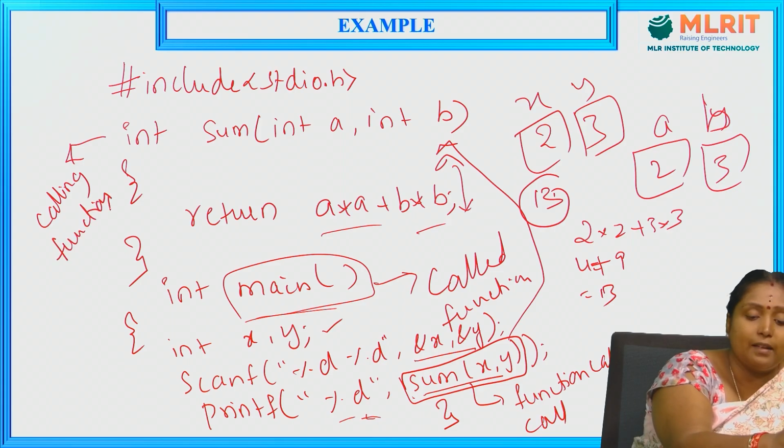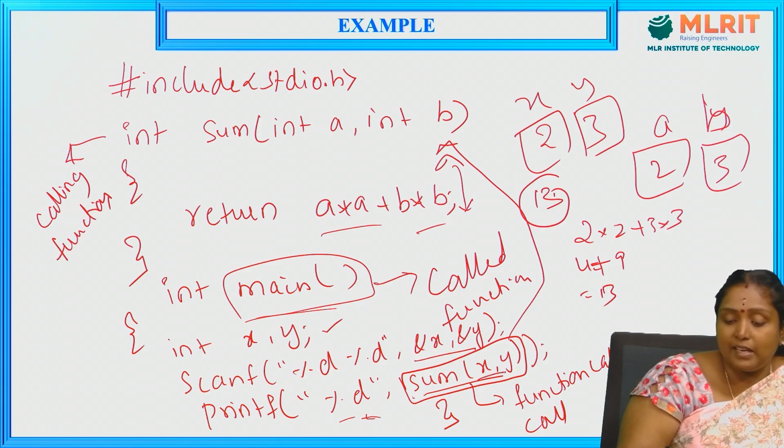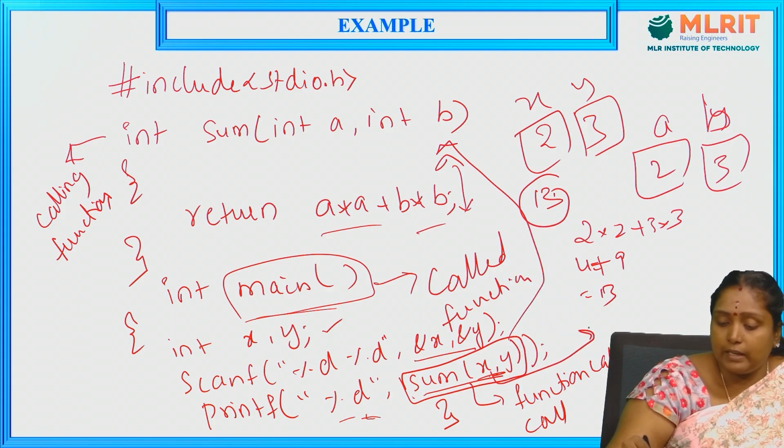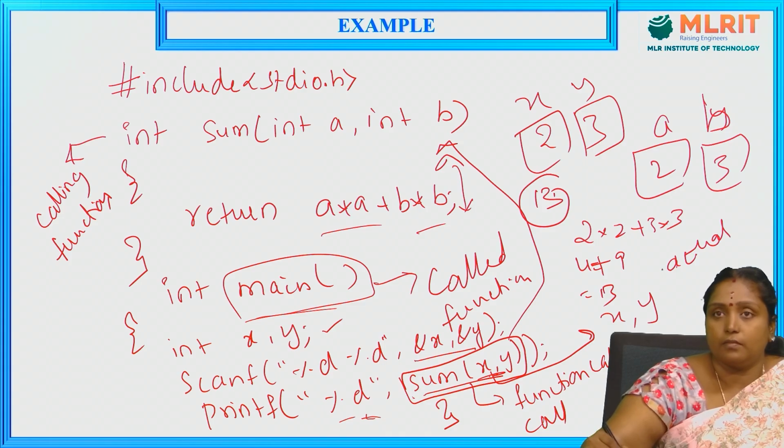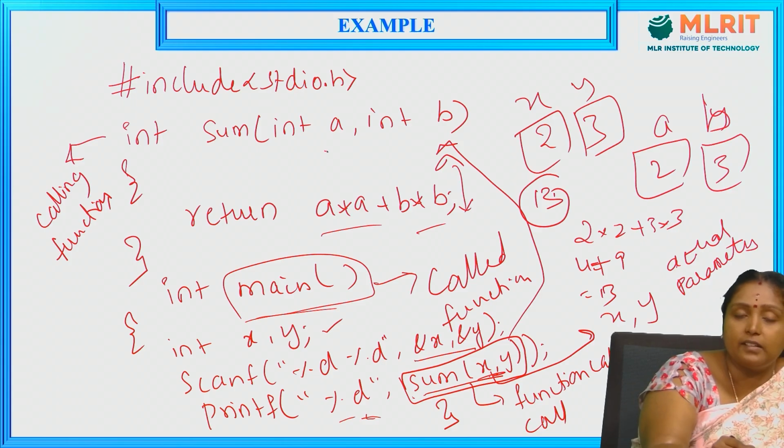You are passing some parameters inside the function, x and y, right? Here we are passing x and y. These x and y are called actual parameters. You are receiving them as a and b.